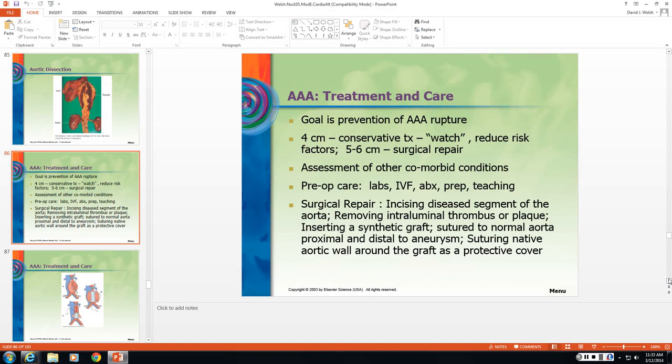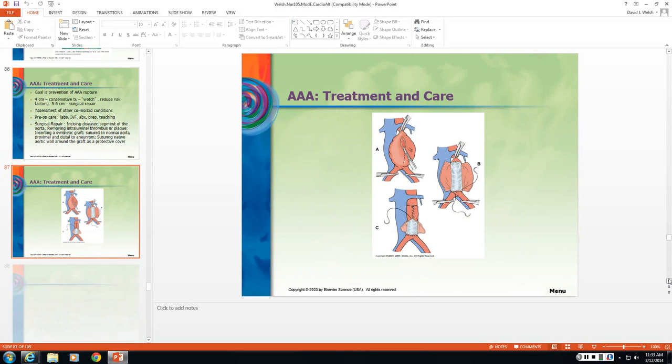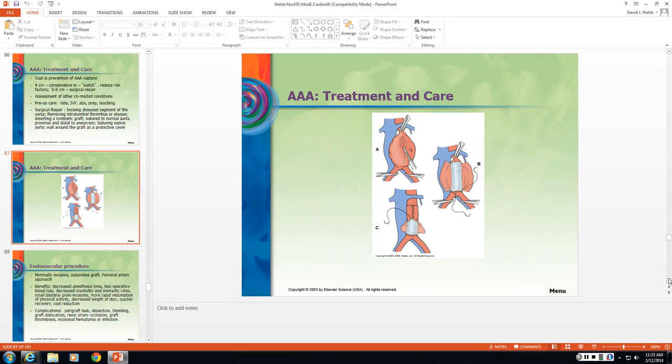Now, what they're going to do is suture the native aortic wall around the graft as a protective cover. And this just kind of shows you what they do on this slide.